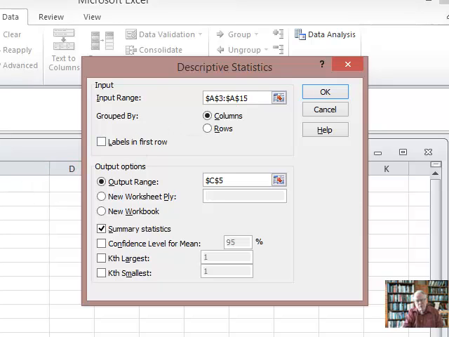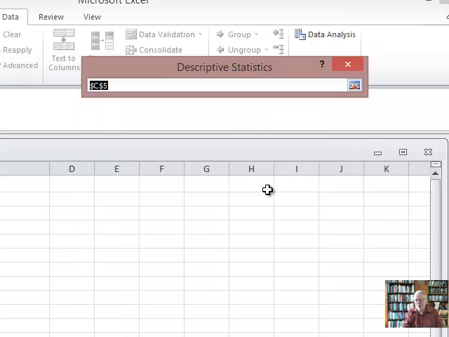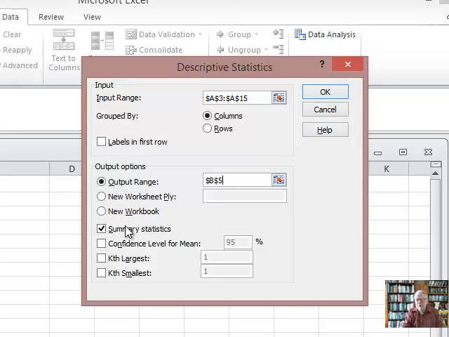It's column A, rows 3 through 15, and I'm also going to choose an output range. I'll put them right here. I will report the summary statistics, so I'll put a check mark there. I'm not going to put in any confidence limits for the mean at this stage.